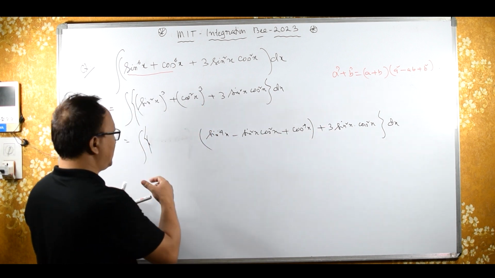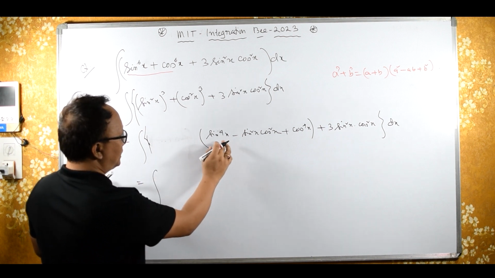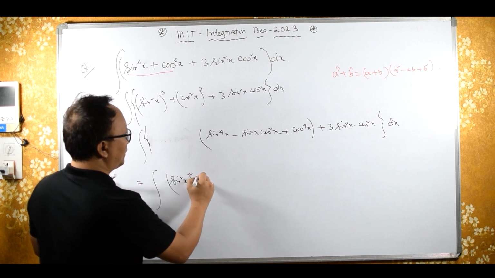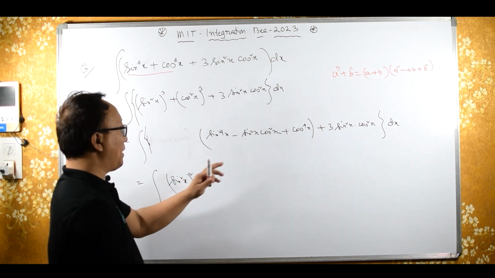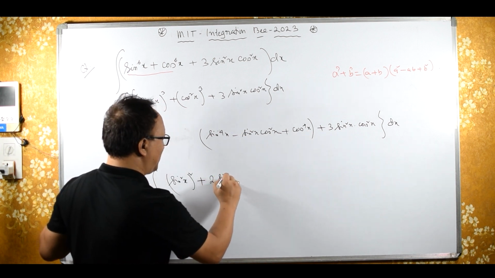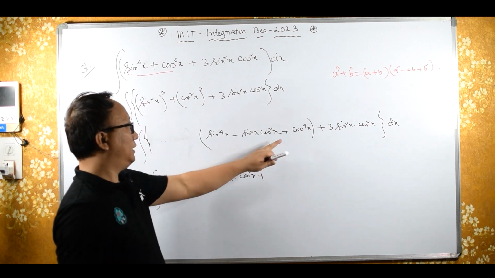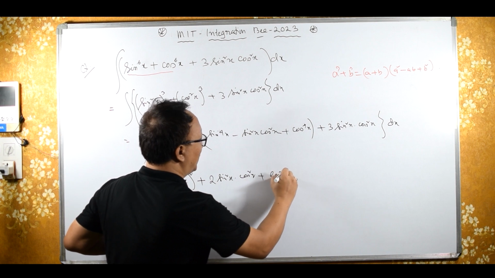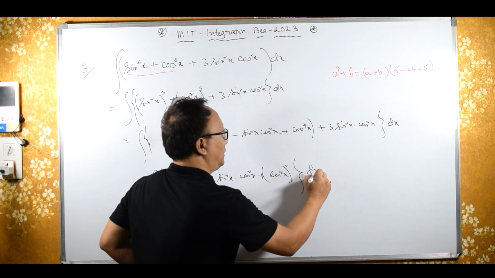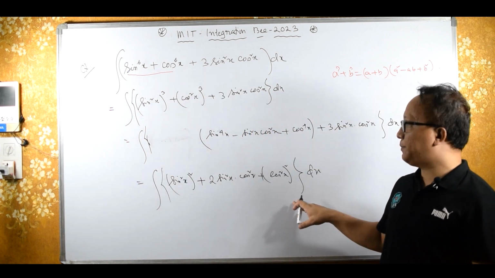Therefore this can be written as the integral of (sin^2 x) squared plus 2 sin^2 x cos^2 x plus (cos^2 x) squared dx, which is of the form a squared plus 2ab plus b squared.